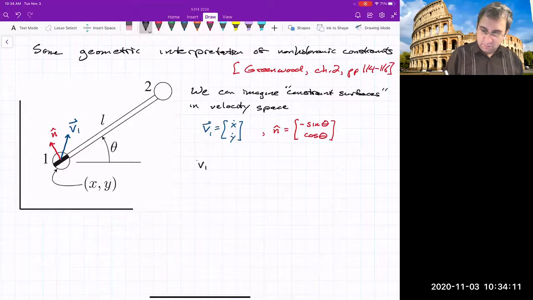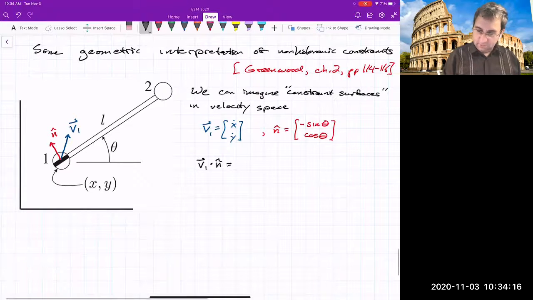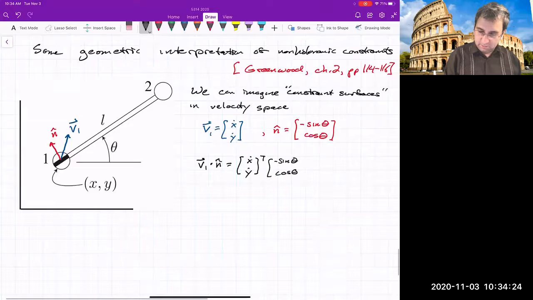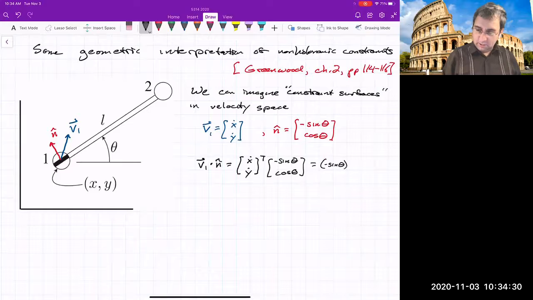So V1 dotted with n hat, we could write as x dot y dot transpose times negative sine theta cosine theta, and that equals this thing that we wrote up above. And it equals 0.